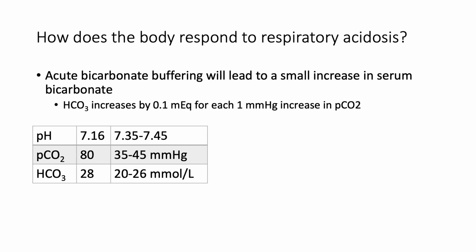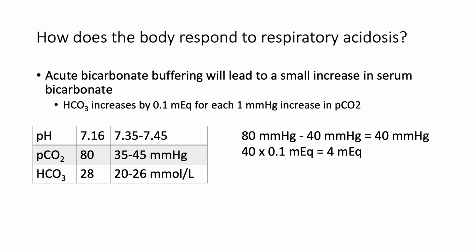So then if we look at our original patient here, we would expect, if this is an acute respiratory acidosis, that their bicarbonate will go up by 0.1 milliequivalents for each 1 millimeter of mercury increase in PCO2. And so if we take their current PCO2 of 80 and we subtract normal PCO2 of 40, we'll see that their carbon dioxide is 40 millimeters of mercury higher than expected.